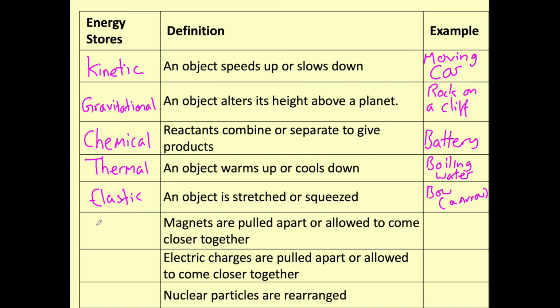Magnets being pulled apart or allowed to come closer together. So of course this is our magnetic store. Example we can talk about here is of course magnets, but I'm going to give a more real world example, which is the maglev trains, and they use magnetic energy in order to help those trains move. Electric charges, this is our electrostatic.